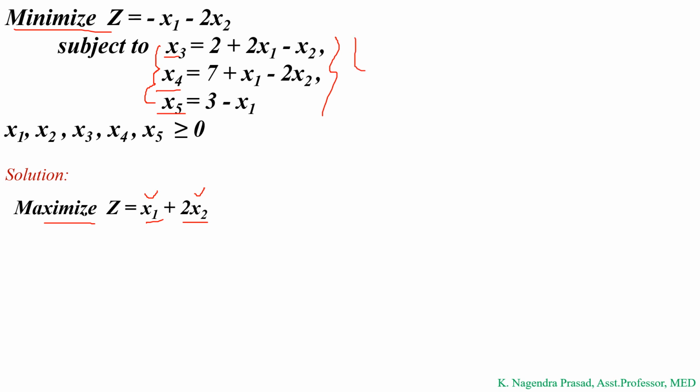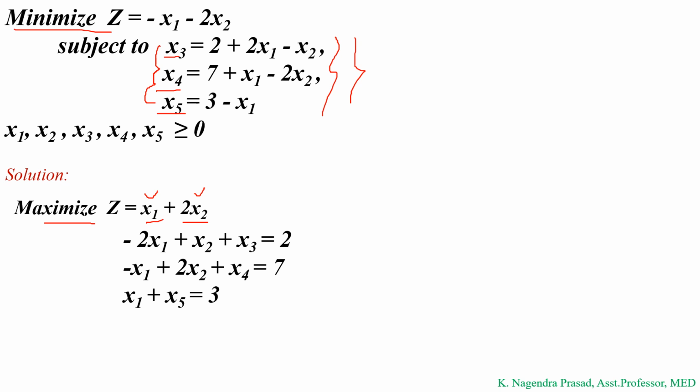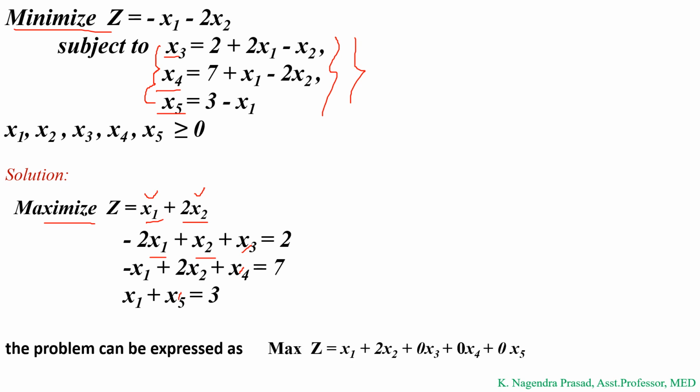So once again we have to rewrite the constraints as minus 2x1 plus x2 plus x3 equal to 2, minus x1 plus 2x2 plus x4 equal to 7, x1 plus x5 equal to 3. Then we rewrite our objective function in terms of the basic variables as well as the slack variables: maximize z equal to x1 plus 2x2 plus 0x3 plus 0x4 plus 0x5.